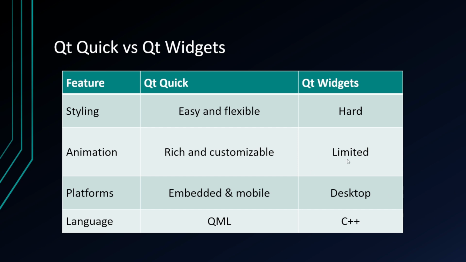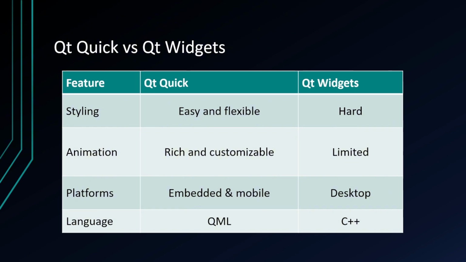Understand this right, because in Qt Quick you also use C++ to define something, but in Qt widgets you make everything in C++. When you use Qt Quick, you separate your parts, and you can create, for example, custom items in C++ and provide them in Qt Quick.